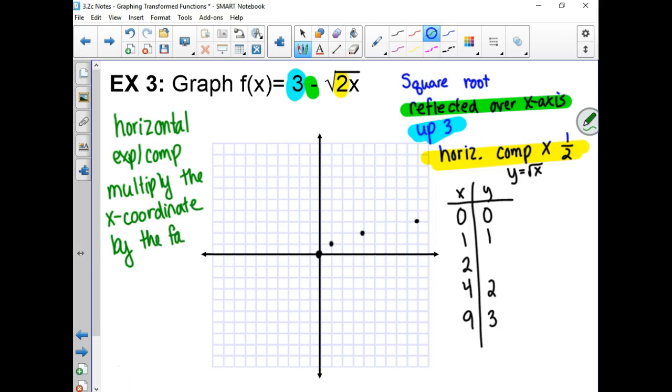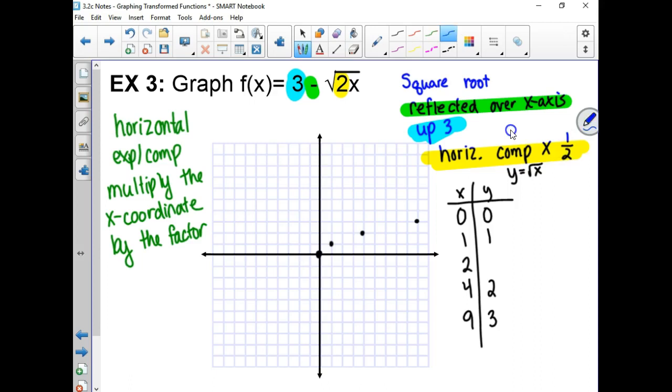And that's where it's really important to get your factor right, because this is a horizontal compression. This is supposed to squish this graph in this way. So I've got to make sure I've got 1/2, because if I just put 2, it's not going to squish the graph. It's going to stretch it out that way. So make sure you've got that 1 over that number to get that factor.